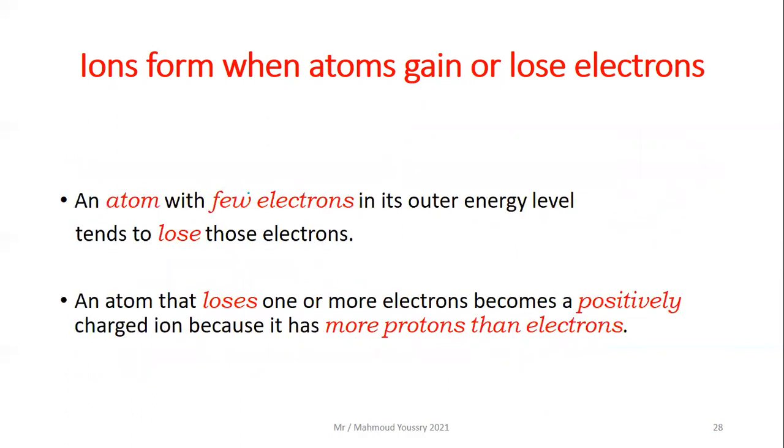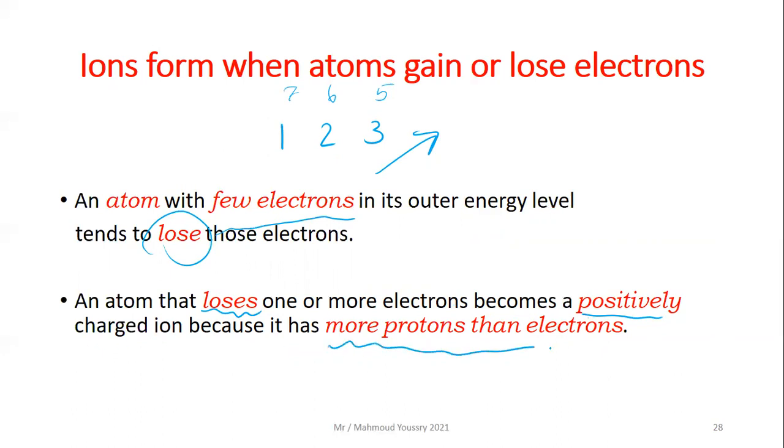An atom with few electrons, 1, 2, or 3, in its outer energy level tends to lose those electrons. It's easier to lose them than to gain 5, 6, or 7 more electrons.